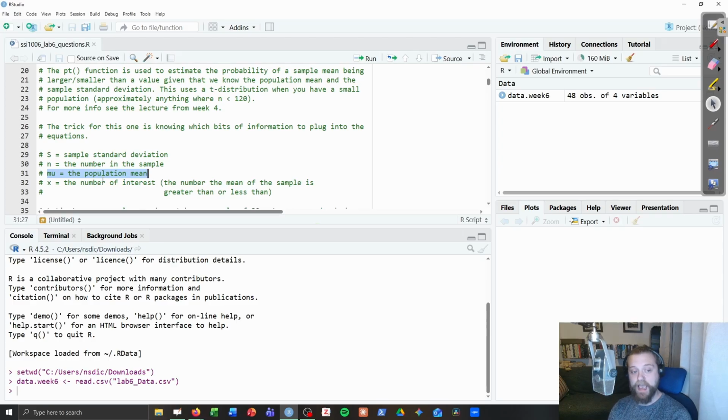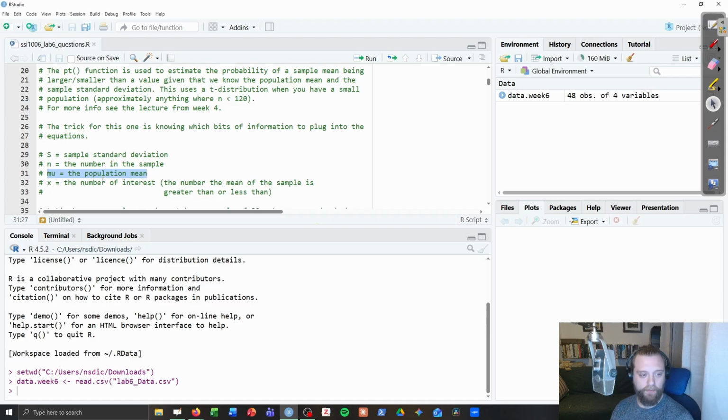Now, usually we wouldn't have this. Right? Most of the time, when we're using samples, we only have data from the sample. But there are some scenarios under which we might have data from the population too. So, for example, if I had a sample that talked about the age, gender, etc., of that sample, I might also have the population mean because we have things like census data, for example, that might allow me to compare the population to the sample.